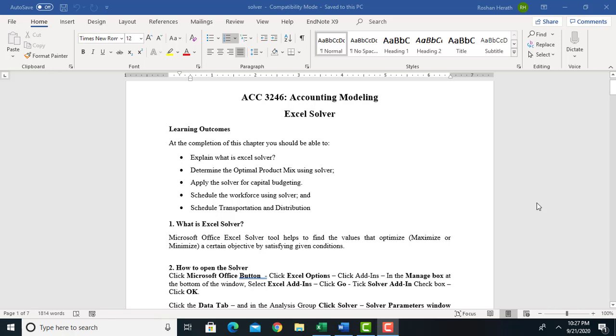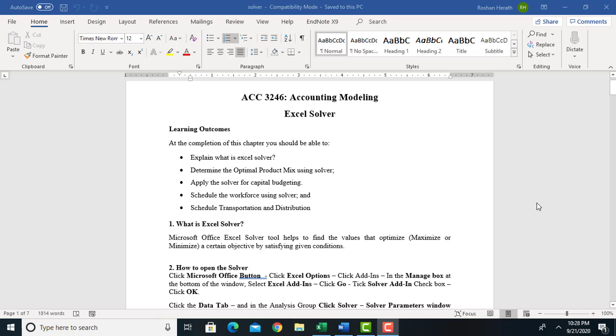Say, for example, if you take a business organization, they may have the objective of maximizing the profit. Say that a business organization is currently making 4 products. Now the resources available for this business organization are always in limited supply.